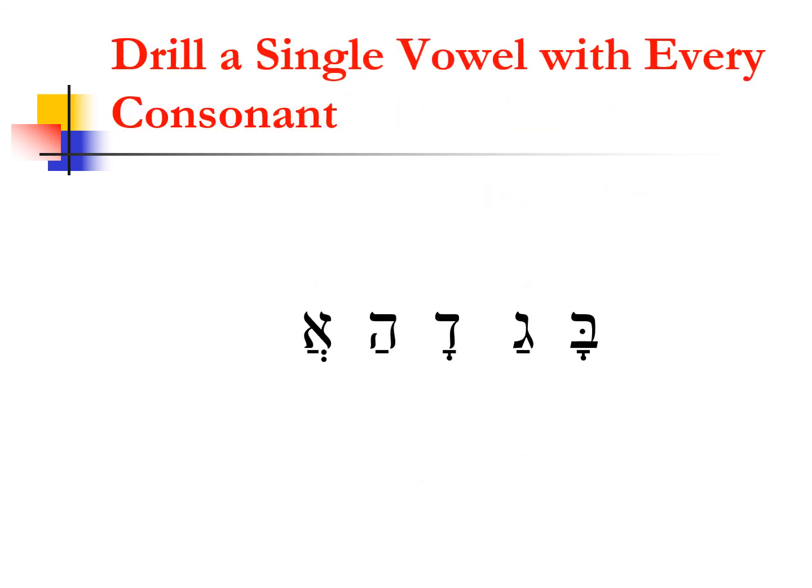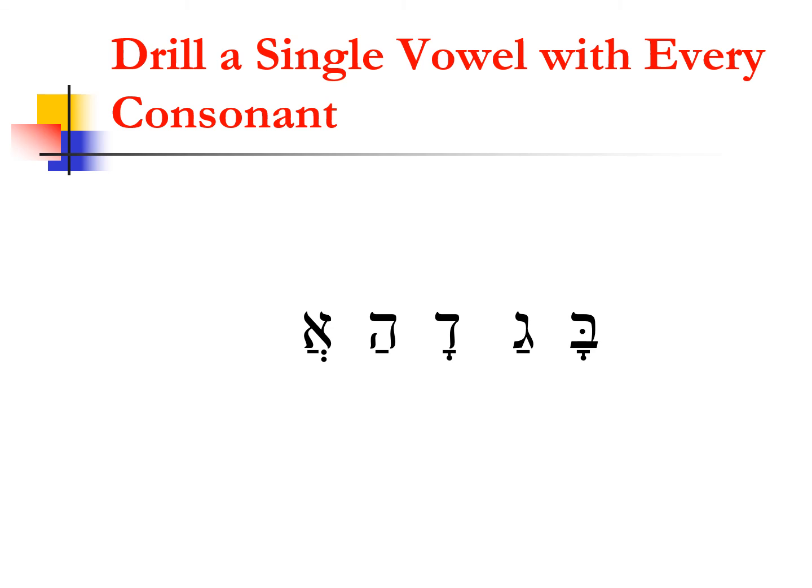Feidelson's team actually found that you should drill a single vowel sound with every consonant. Ba, ga, da, ha was a more effective drill strategy for beginning readers than the other, where you would drill each consonant with every vowel. It actually makes a certain kind of sense because it assists the learner in understanding the patterning of how the consonants and vowels work together.